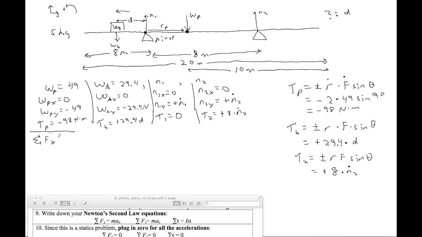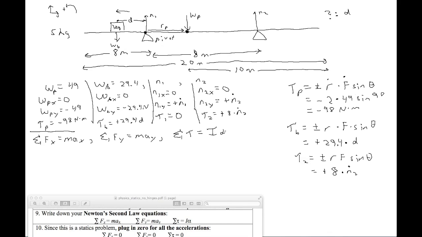Sum of the forces in X equals M A_x. Sum of the forces in Y equals M A_y. And sum of the torques equals I alpha.